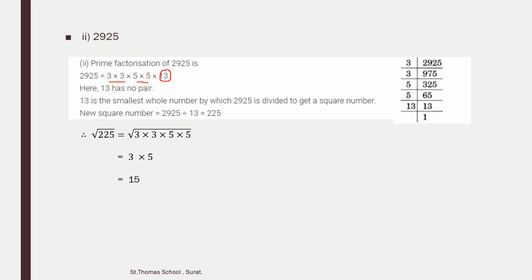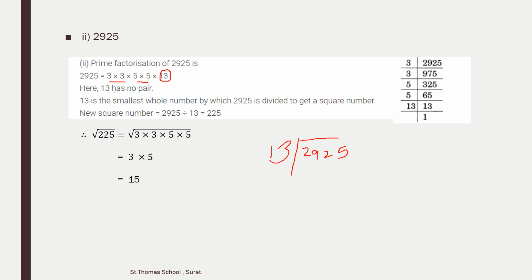So which is the smallest number by which it should be divided? 13 is the smallest whole number by which 2925 is divided to get a square number. Therefore, the new square number is equal to 2925 divided by 13. Again, the division part you have to do yourself and check whether the answer is correct or not. 2925 divided by 13.